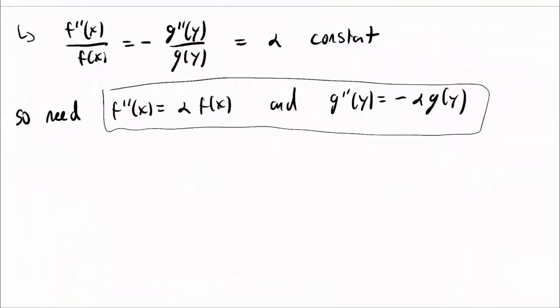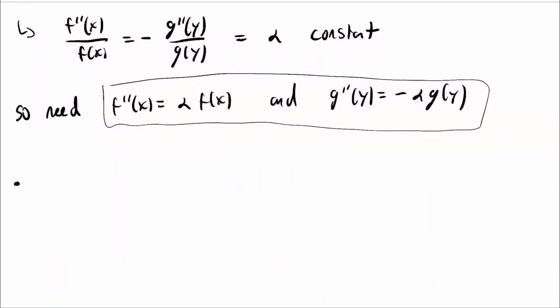Okay, well, we've seen how to do this in a variety of examples related to the diffusion and the wave equation. So remember, let's assume that alpha is a negative real number. So let's say alpha is minus beta squared, where beta is a real number.